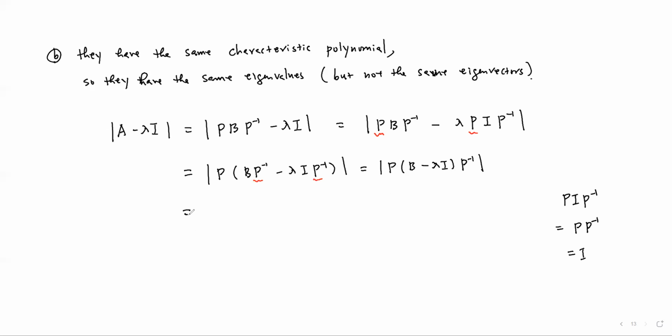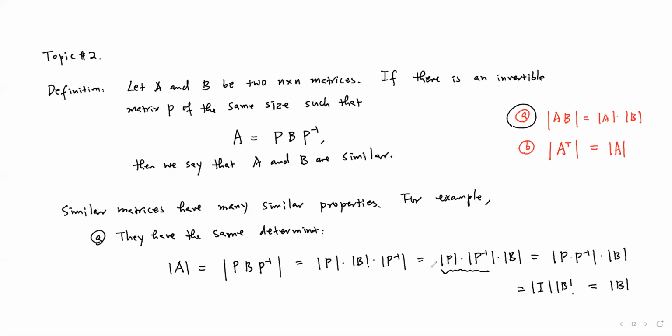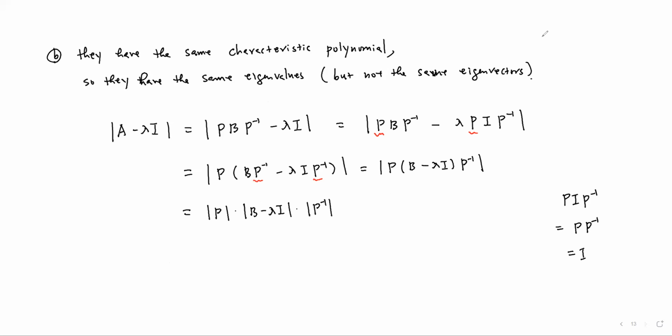Okay. Now, determinant of a product is product of determinants. But similar to here, this number times this number is equal to 1.